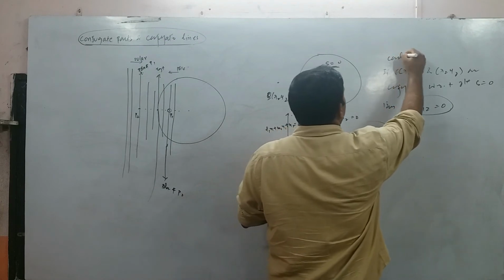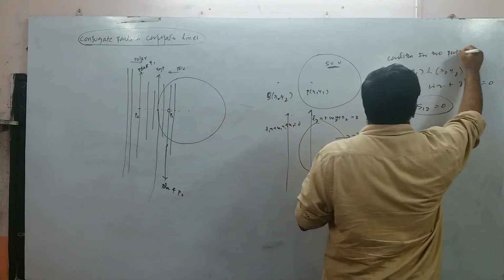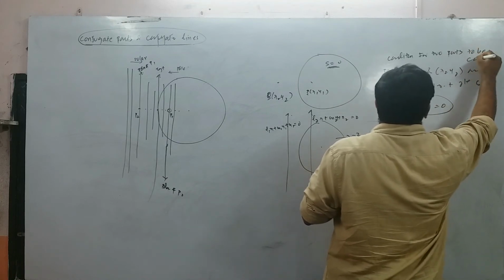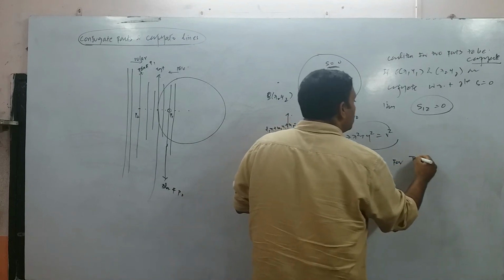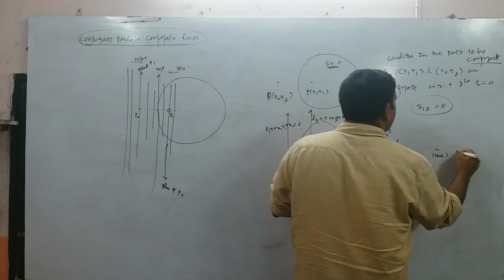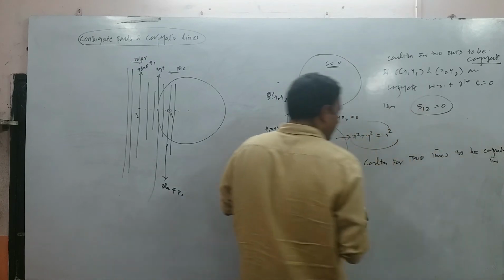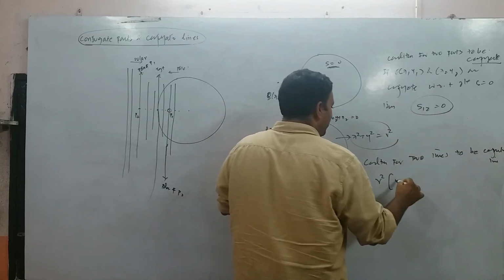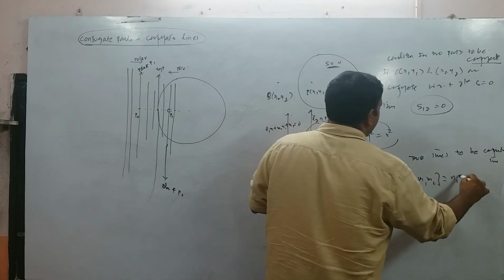This is the condition for 2 points to be conjugate. Now this is the condition for 2 lines to be conjugate lines. The condition is r square into (l1 l2 plus m1 m2) is equal to n1 n2.